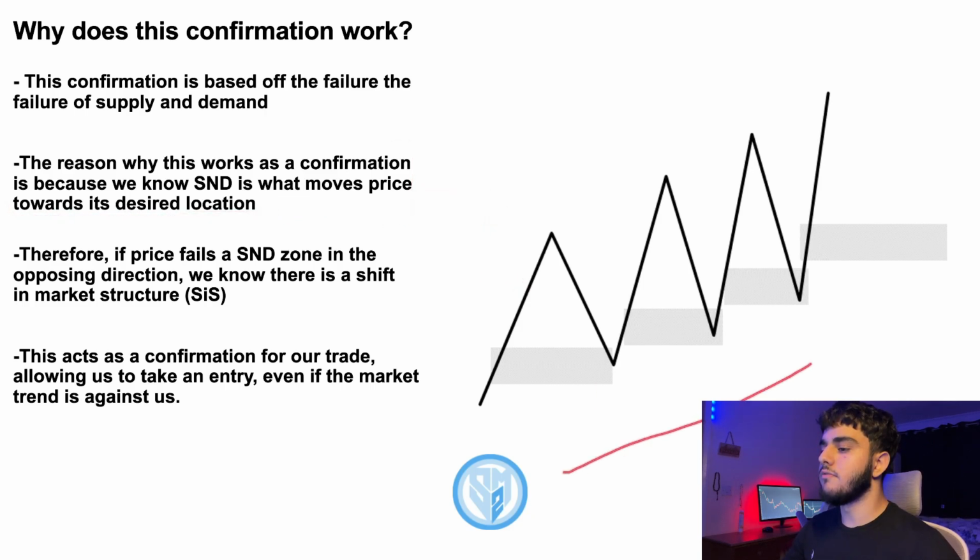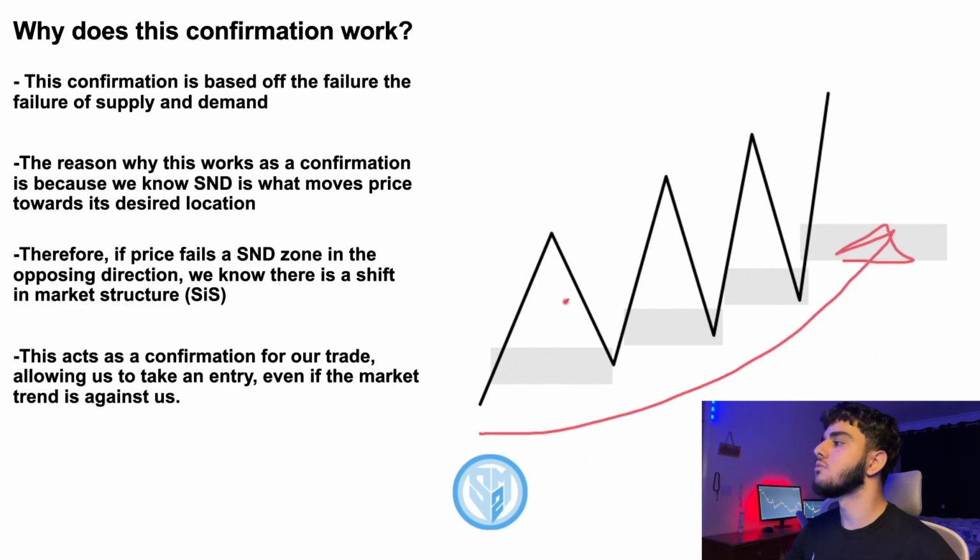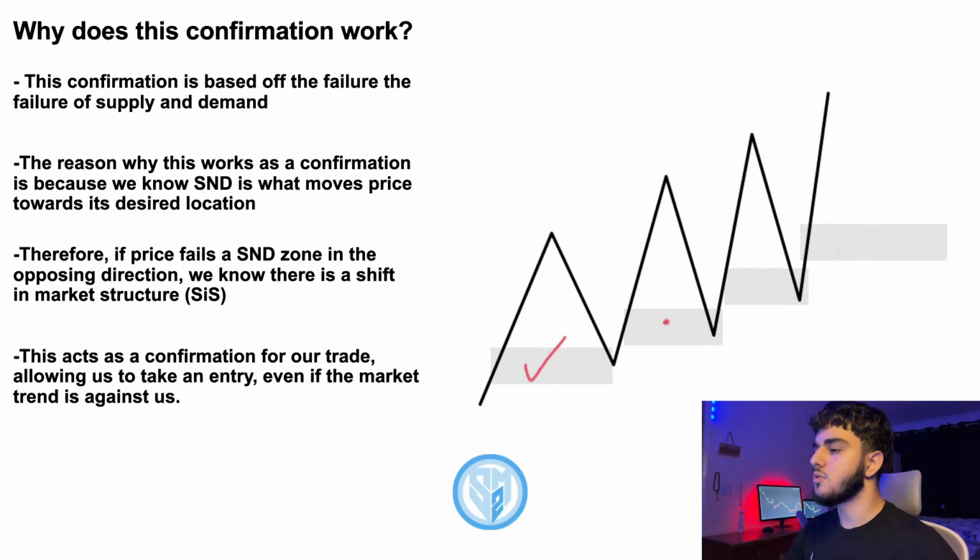Here we have a very clear bullish trend, and we can see it is moving towards the upside because it's respecting the demand zones, right? We can see price is respecting these levels of demand. We're not breaking through them. We're not disrespecting them. We are moving towards the upside because price is currently respecting the overall demand zones, and that is what is moving price towards the upside, right?